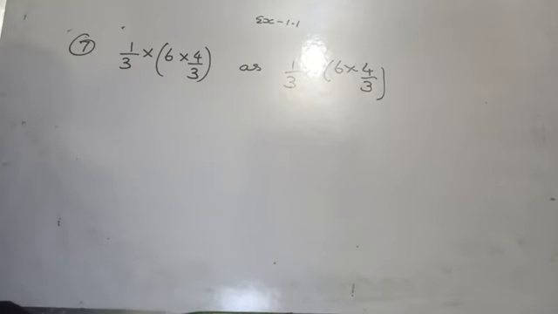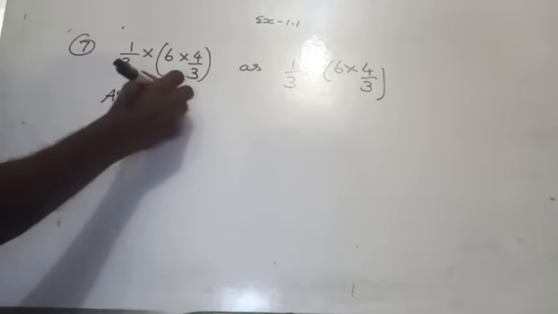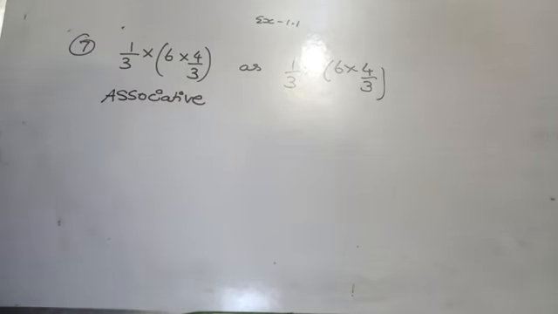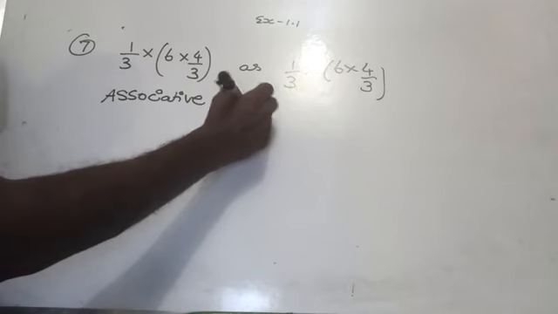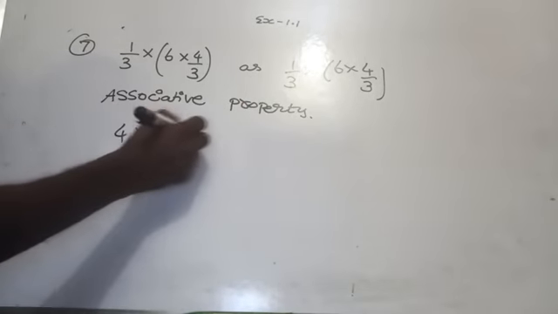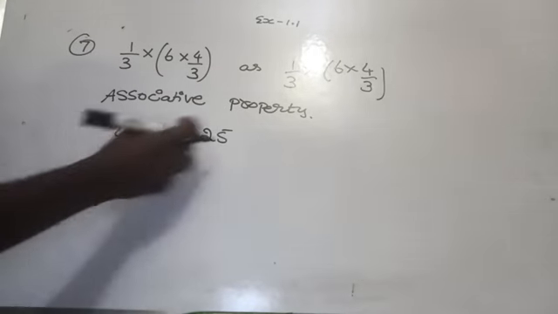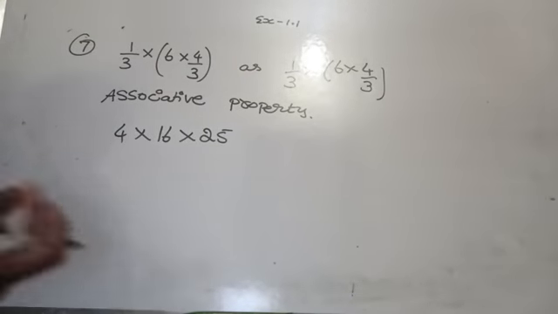Am I right here? When we are doing a multiplication problem, the order does not matter. You can change the order in any way. That is the associative property. For our convenience, we can change the order. For example, if it is given as 4 into 16 into 25, multiplying 4 into 16 is 64, and 64 into 25 will take some time, about 1 minute.